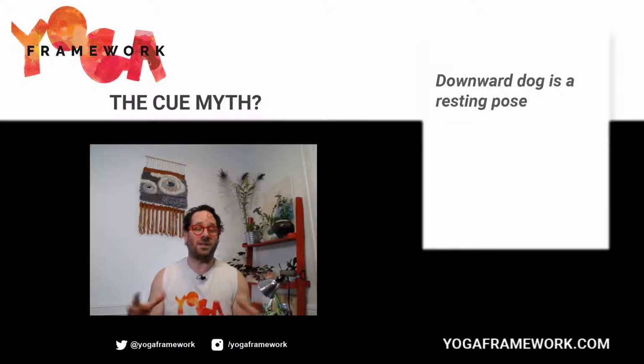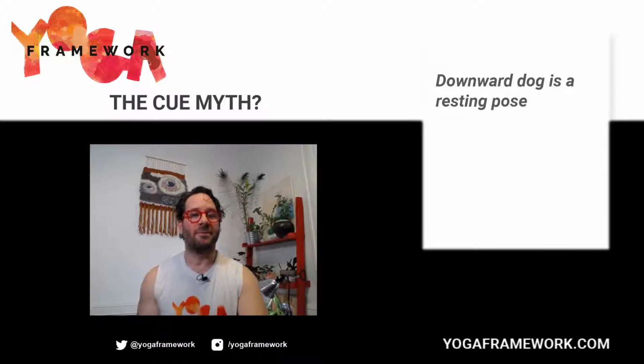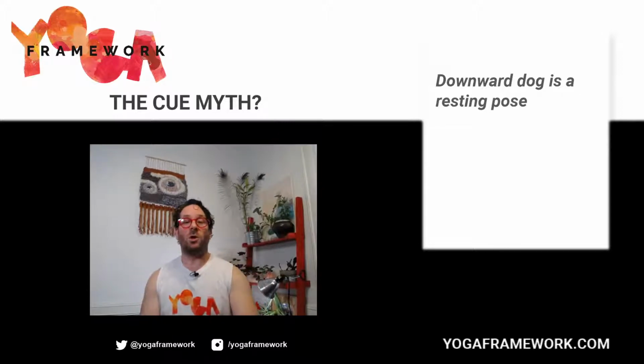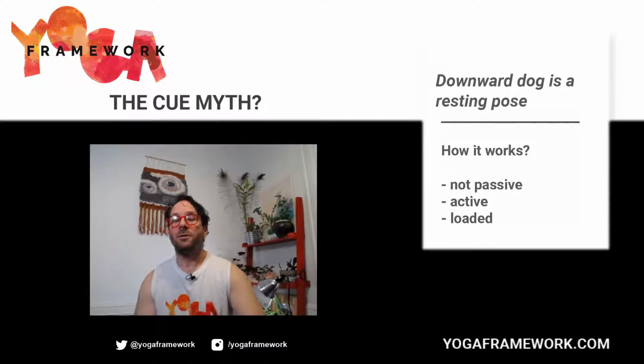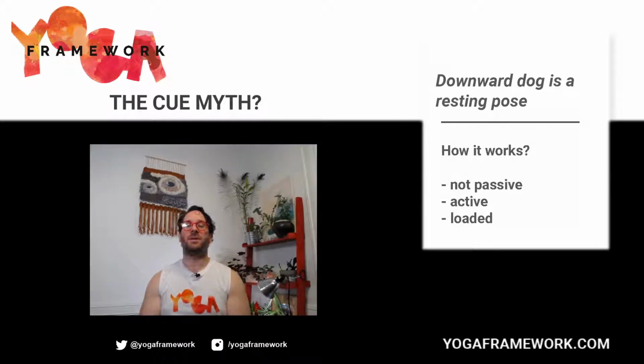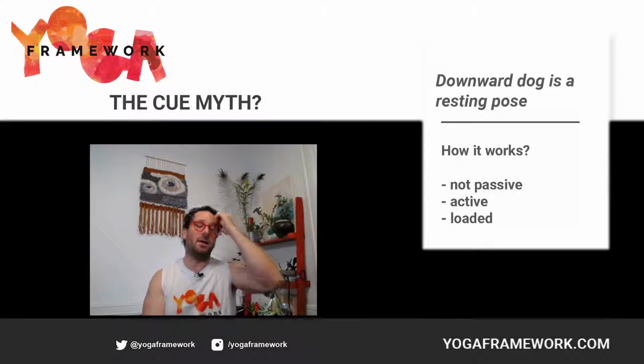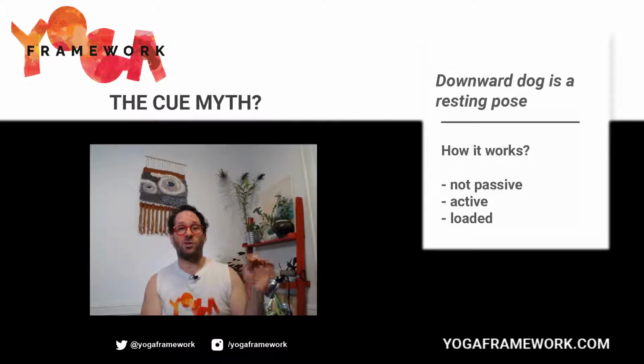But for passive, let's say it's relaxed, right? I'm not doing the work. I don't know. Let's break it down. So it comes down to being not passive, and basically because it's active and loaded. So I guess it was a bad example to break it down to the lengthening reaction, because that happens in every stretch.